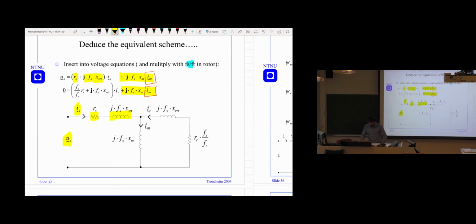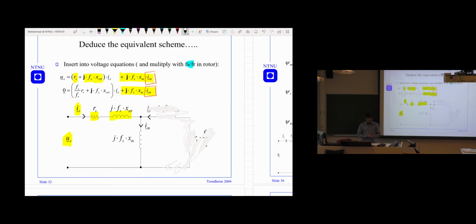In the first equation, the input is the stator voltage, and then you have the drop across this resistor and this leakage inductor, with current IS flowing there. For now you can forget the second part; we only need the first part. So we inserted the first equation here, with current IS flowing there and current IM flowing here. That's how we can represent them in the circuit.